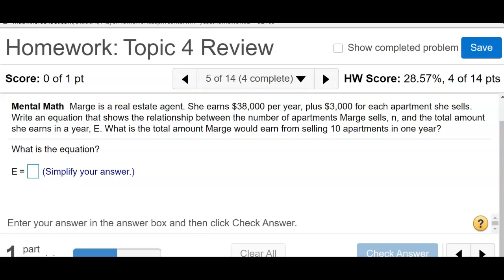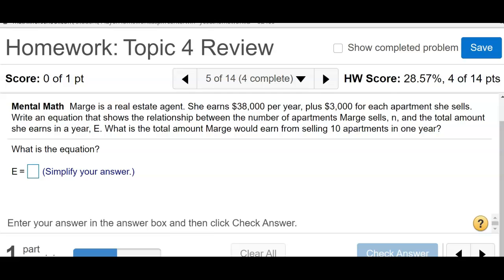All right, there are 2 operations in this equation. One of them is a constant, meaning we are going to add some number. It's always going to stay the same. What is she going to make every year, no matter how many apartments she sells? Kaden. Good. It's going to be a set fee of $38,000. Then what? Jack.